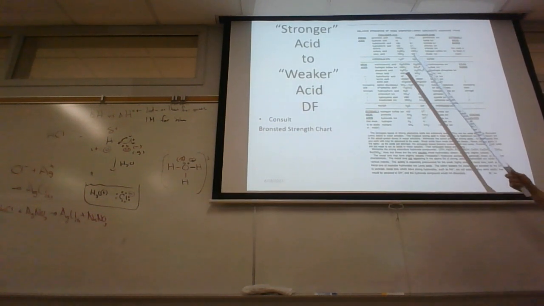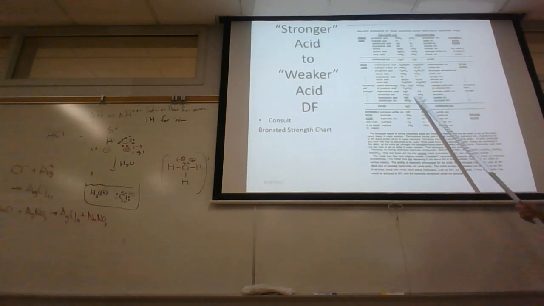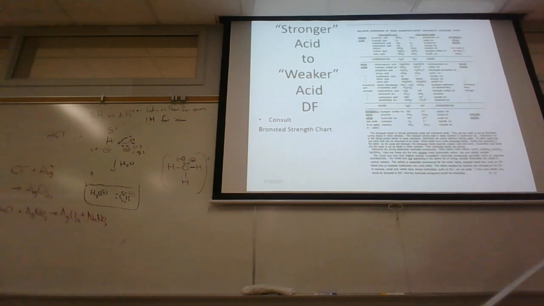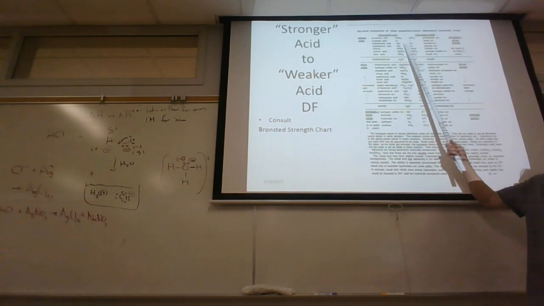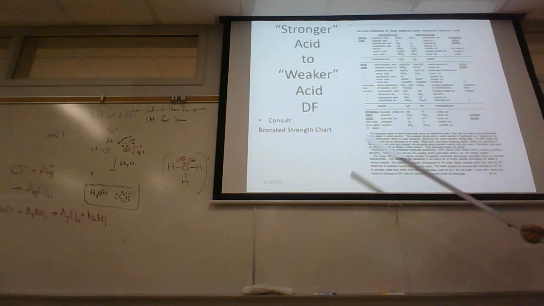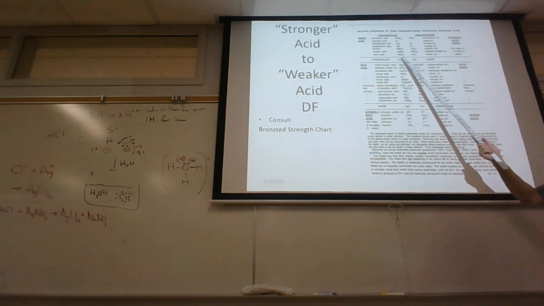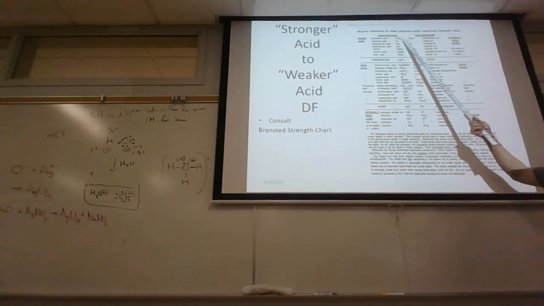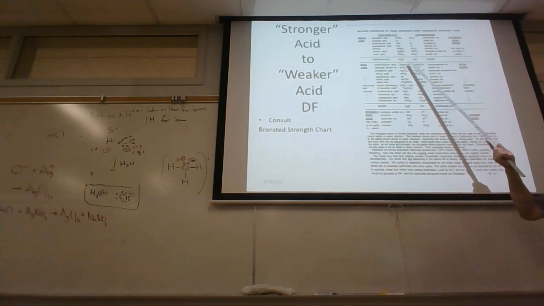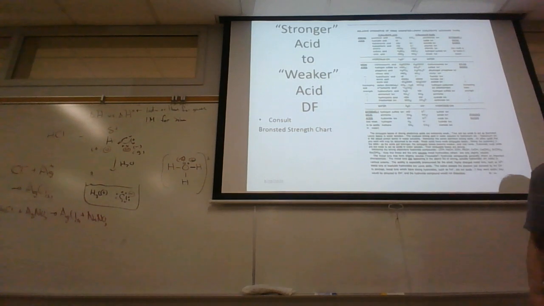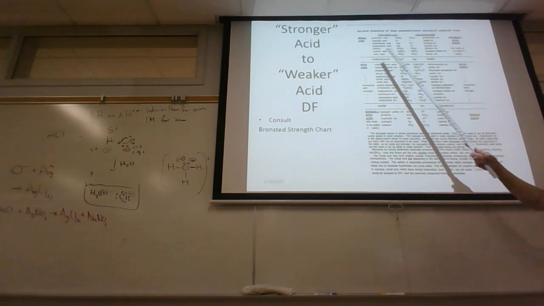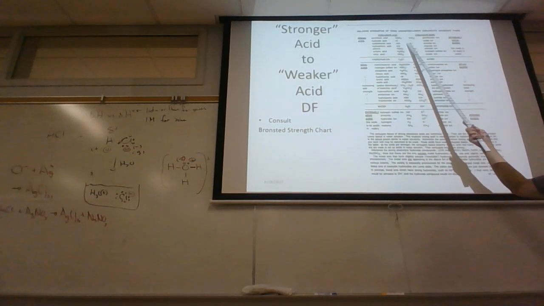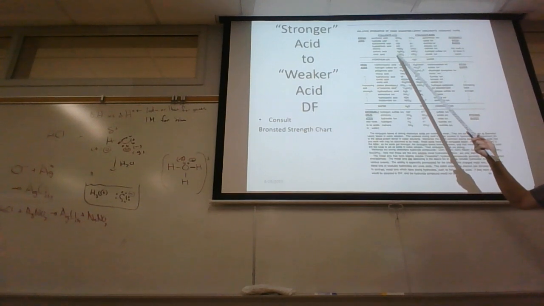But what we're looking for is to go from a stronger acid to a weaker acid. We have to be careful because the strongest acid shown here is HClO4, and the weakest of the strong acids is HNO3, but these are equal in strength in water. All the strong acids have the same strength in water because all strong acids are strong electrolytes. Strong electrolytes ionize 100%, into H plus and the anion.